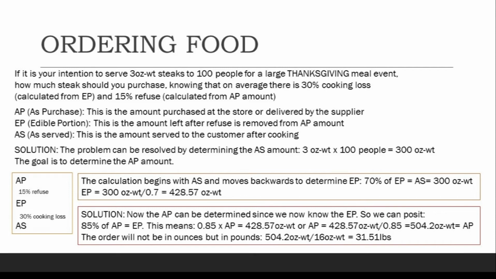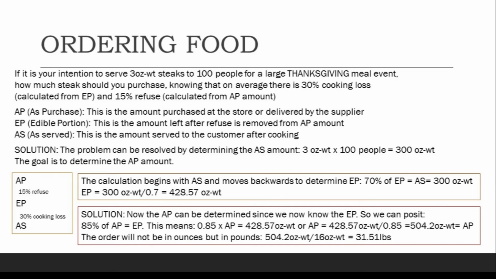Fair enough. Then we notice that once we have the EP amount and we start the cooking process, and then we serve, we find that there's a 30% cooking loss. In other words, the AS amount has 30% less than the EP. So we could easily say 70% of the EP is actually equal to the AS. So if we bear that in mind, we start with the calculation as it appears in the first box at the top.